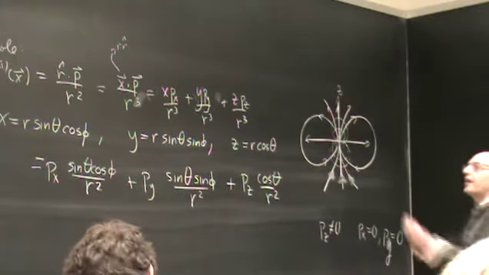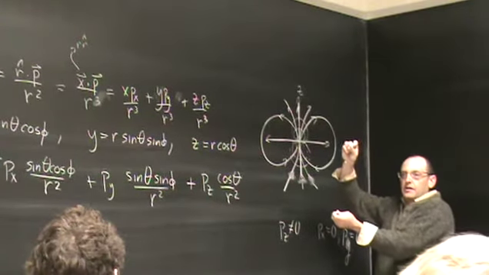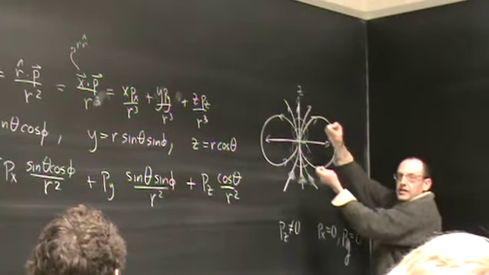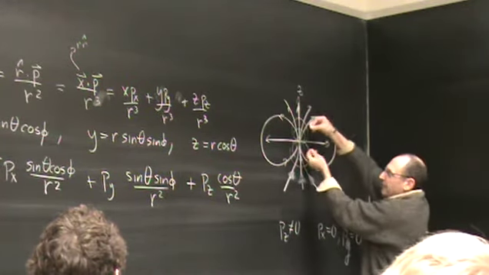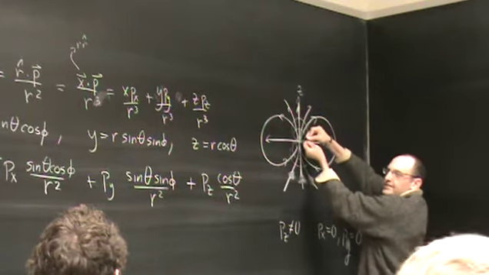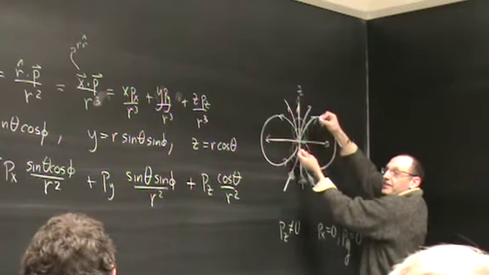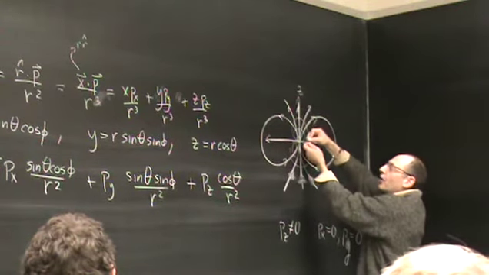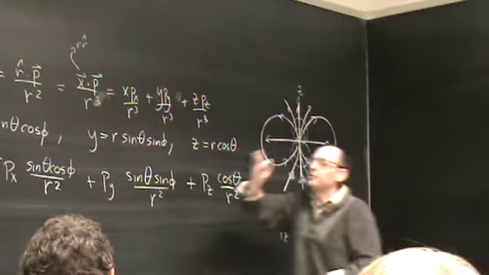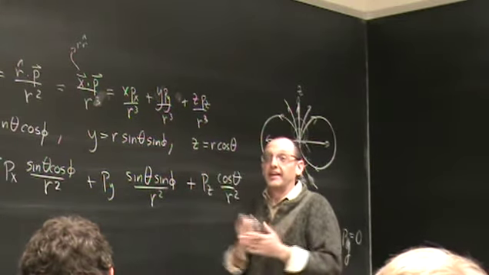Of course, a physical dipole, at least a physical electric dipole, is two charges separated by some amount. This is a pure dipole where we're taking the limit that the distance between those charges goes to 0 as the magnitude of the charges increases, such that the product of the distance times the charge is a finite number.